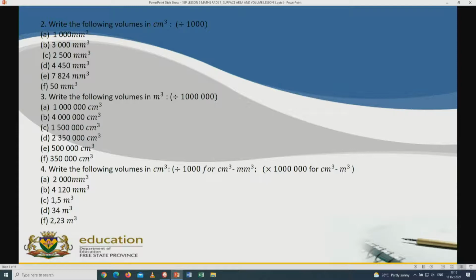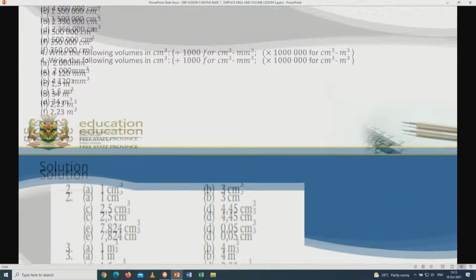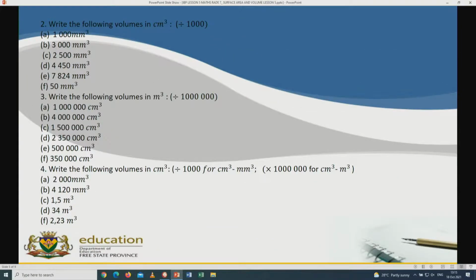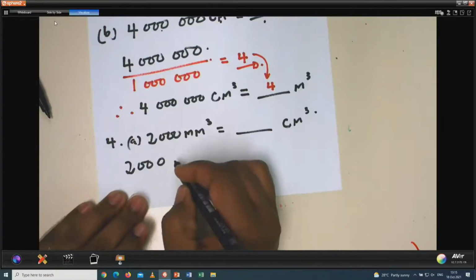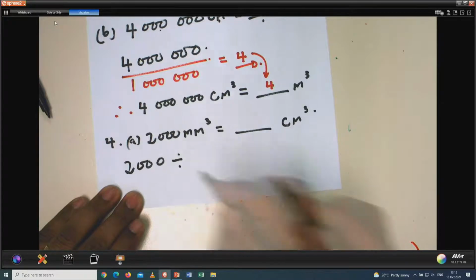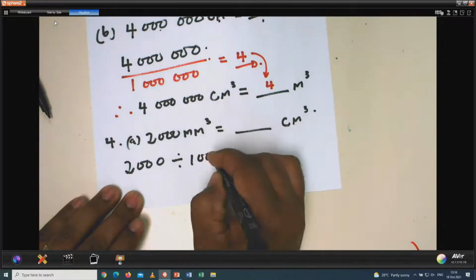When we are converting cubic millimeters in number 4, we will say, all right, the 2000, we will divide by 1000.